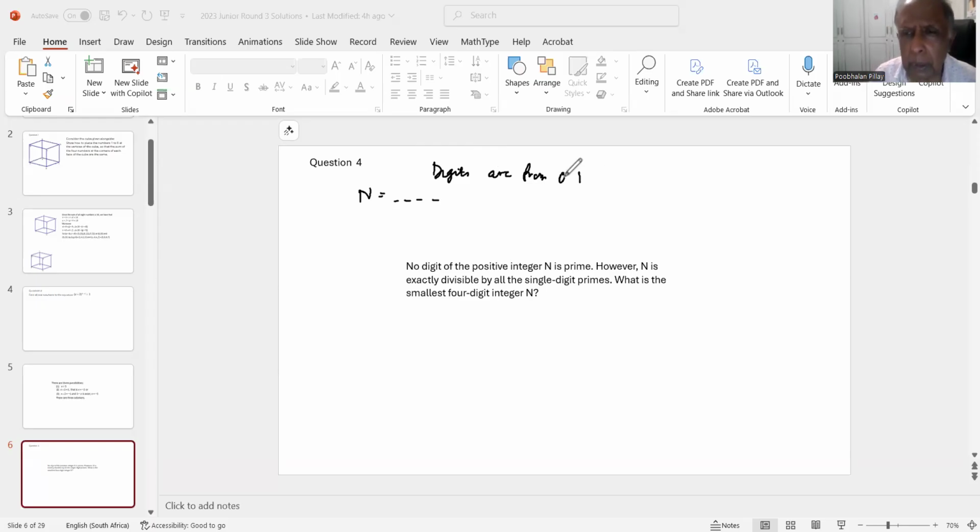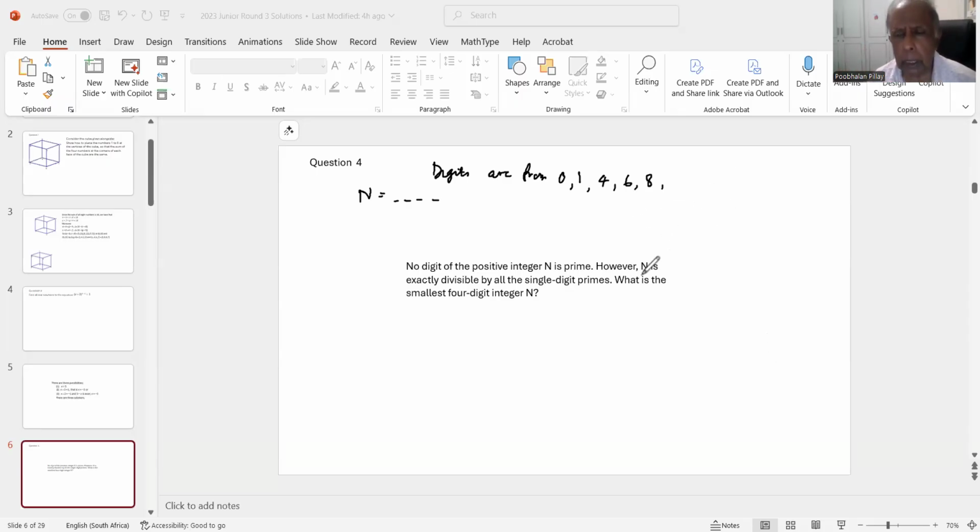And of course, 0 is also a digit. So the 0 and 1, neither of them are prime. 2 is out, 3 is out, 4 is in, 5 is out, 6 is in, 7 is out, 8 is in, 9 is out. So the numbers are from here.